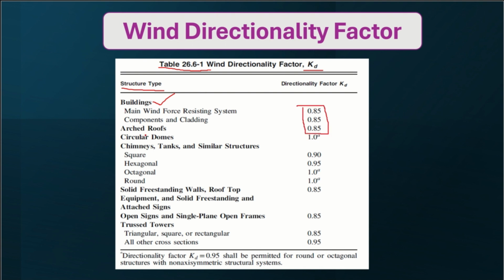If you are designing for arched roofs, your Kd is also 0.85. We are designing for tanks, and that too round shaped tanks, so our Kd value is 1. For hexagonal or square shaped tanks, our Kd value is 0.9 and 0.95. This is how you need to take the Kd value from this table.